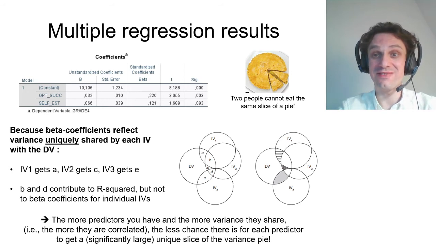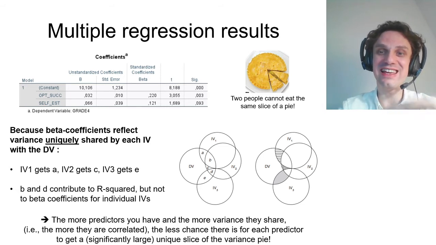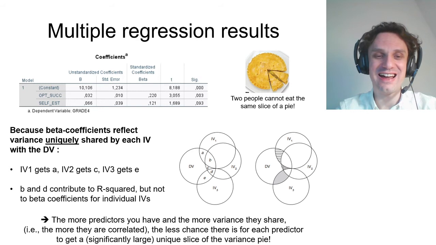So from this, basically you can easily remember it. 2 people cannot eat the same slice of a pie. Each predictor only gets its unique variance.